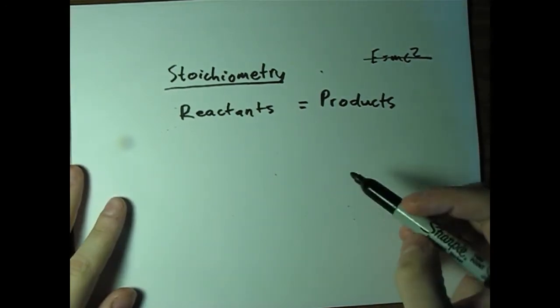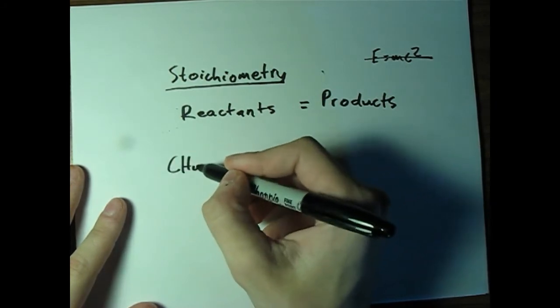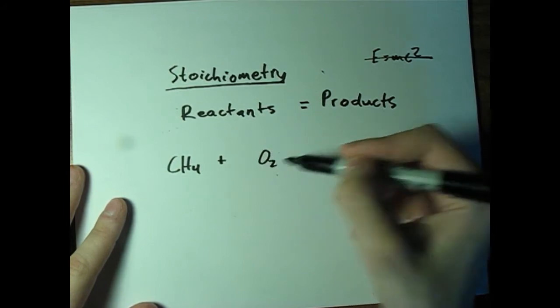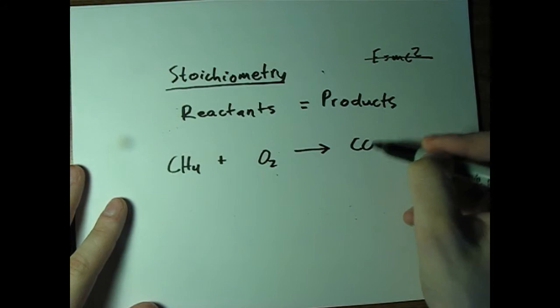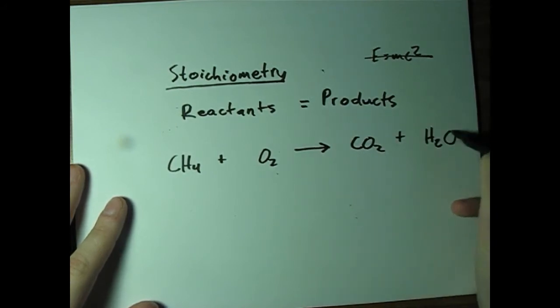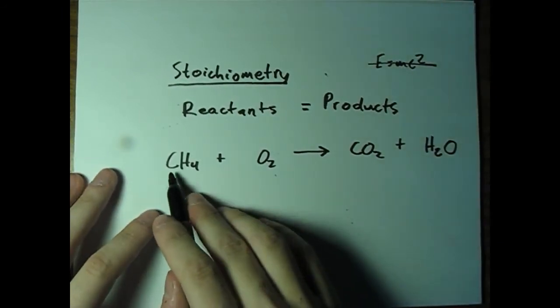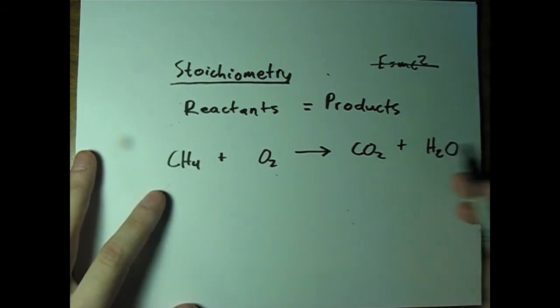And now to illustrate this, say we have CH4, I think that's methane, plus oxygen, and this turns into carbon dioxide and water. So look at this. Alright, we've got one carbon on this side and one carbon on this side, so that's fine.